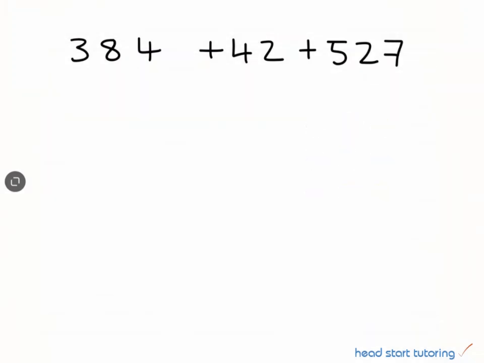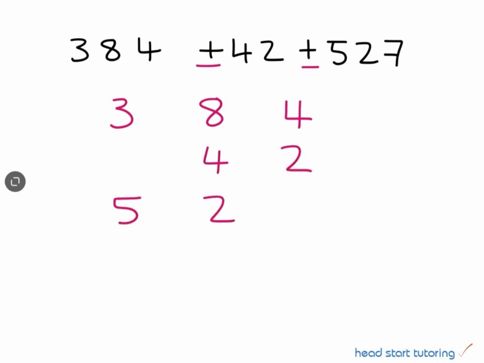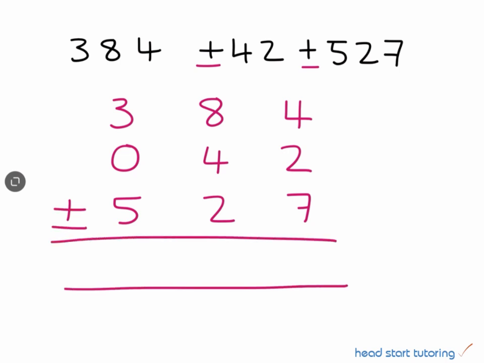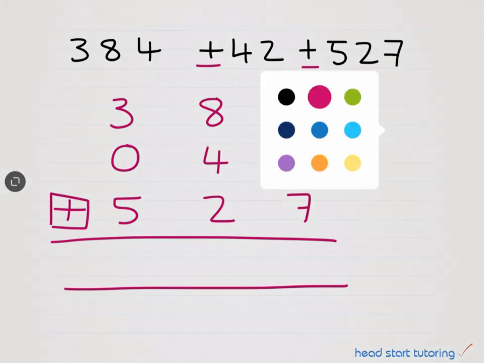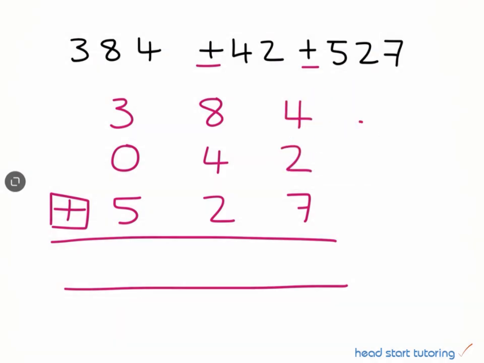Right, when we are adding more than two numbers together, we can actually just do it all at the same time. Remember to put in our placeholders, and because we are adding, we put our addition sign there, and then we just work from right to left like what we were doing when we were adding just the two numbers together.